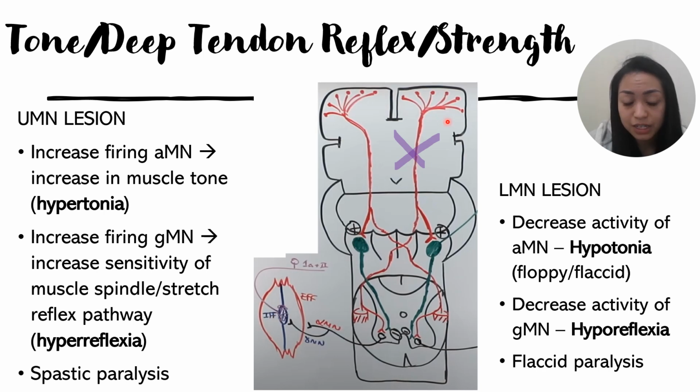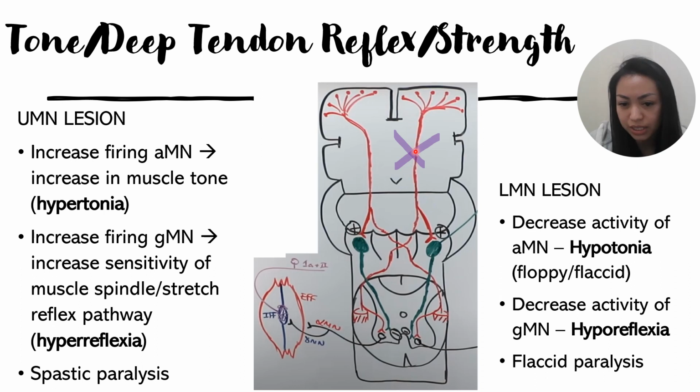If we have a lesion here, this means we lose the stimulation of our medullary reticulospinal nuclei. You see here? The corticospinal tract gives off collaterals that stimulate the medullary reticulospinal nuclei.